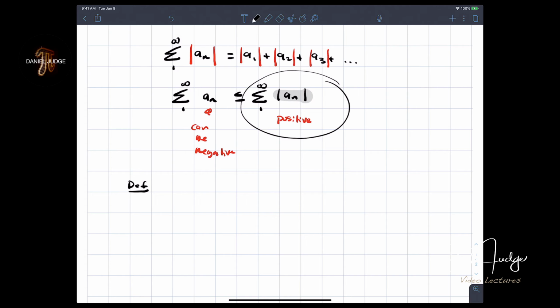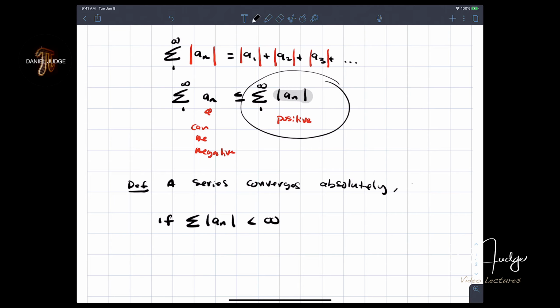So we say here, a series converges absolutely. It's called absolute convergence. If these terms are finite.